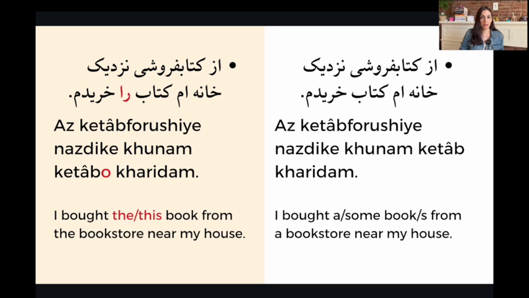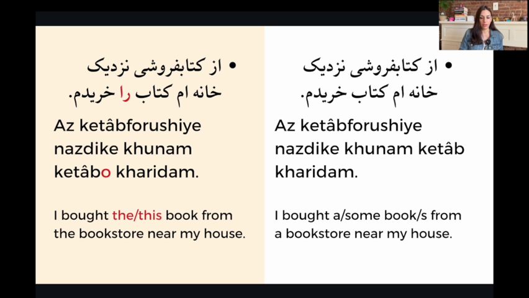I bought a book or I bought some books from a bookstore near my house. It's very unspecific, right? But the example on the left, از کتاب فروشی نزدیک خونم کتابو خریدم. So now I'm being specific. I bought this book or I bought the book from a bookstore near my house.